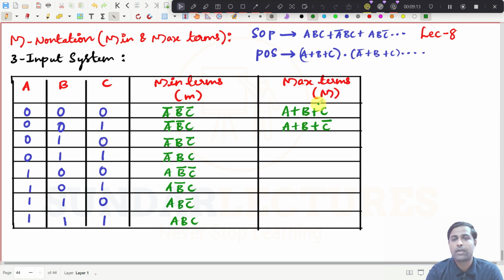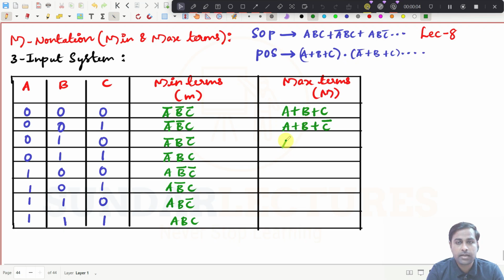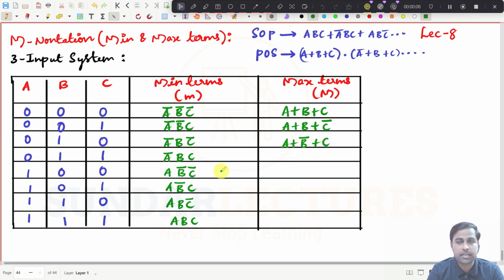For 1 you have to put bar in max terms. For zeros you have to put bar in the min terms. That is the whole idea, right? And now what you have to write here will be A plus B bar plus C. So whatever this term has, it will be inverted. See here, if you get bar here, you will get the normal term.